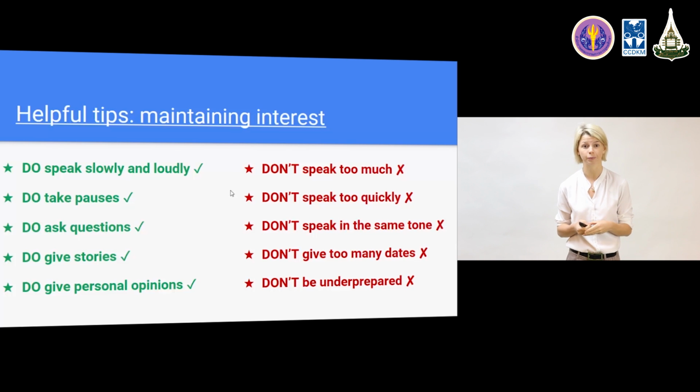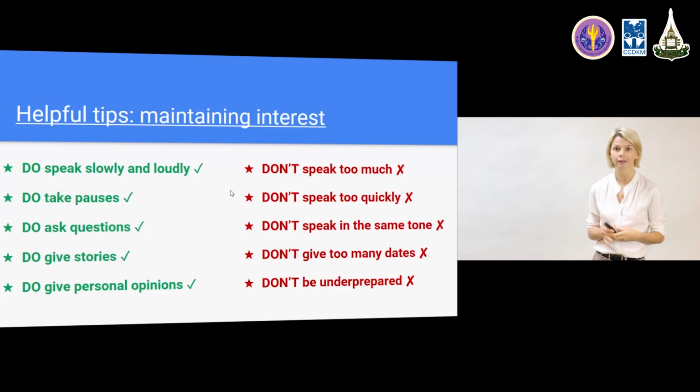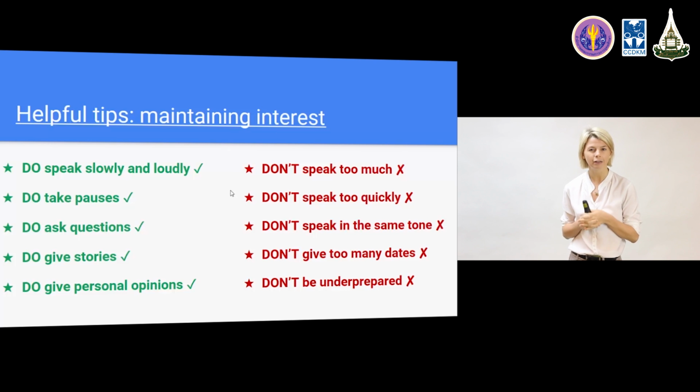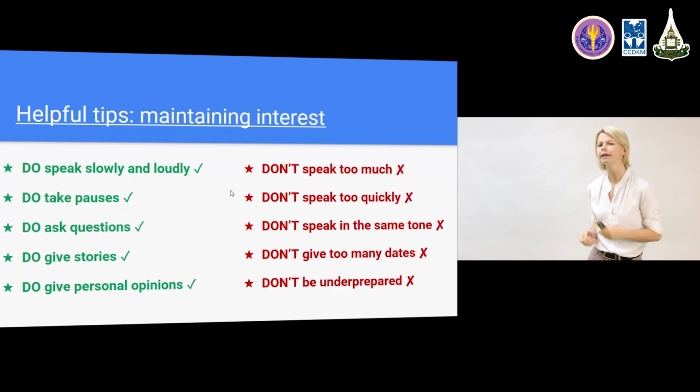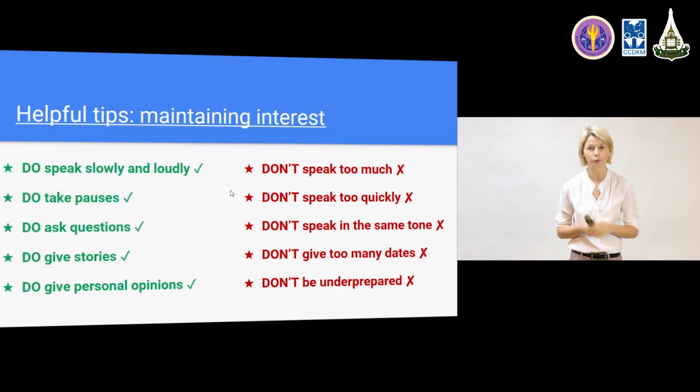Another useful tip is maybe give some stories, some helpful, interesting little stories that you may have learned from doing research. People do want to know the facts, but it's also quite interesting to have some stories. Now, it might be quite difficult to give those stories in English, so this may take a little bit of preparation in advance.